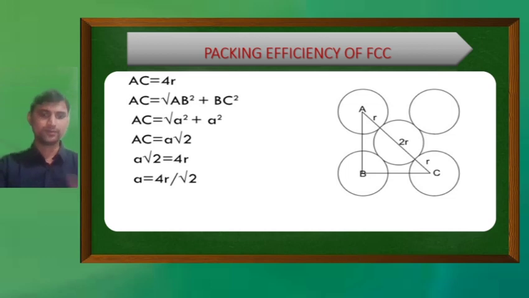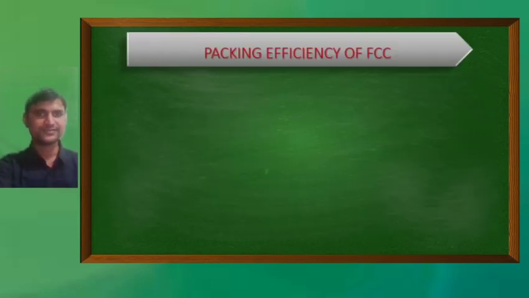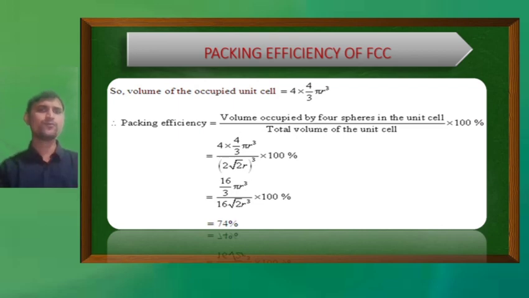Now in the next step, we already know the packing efficiency formula: volume occupied by atoms into Z divided by total volume of unit cell into 100%. We already know the volume occupied by a sphere or atom is 4 by 3 pi r cube.